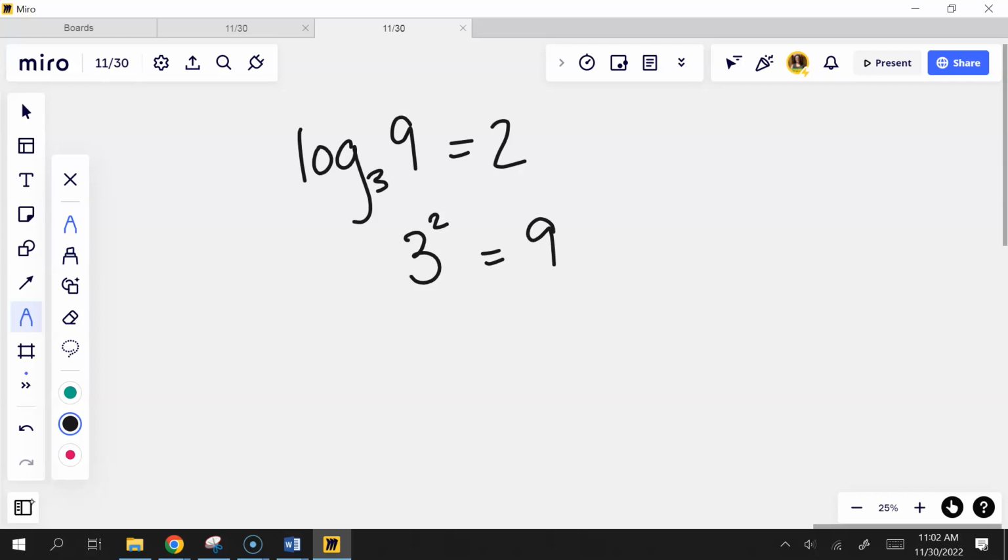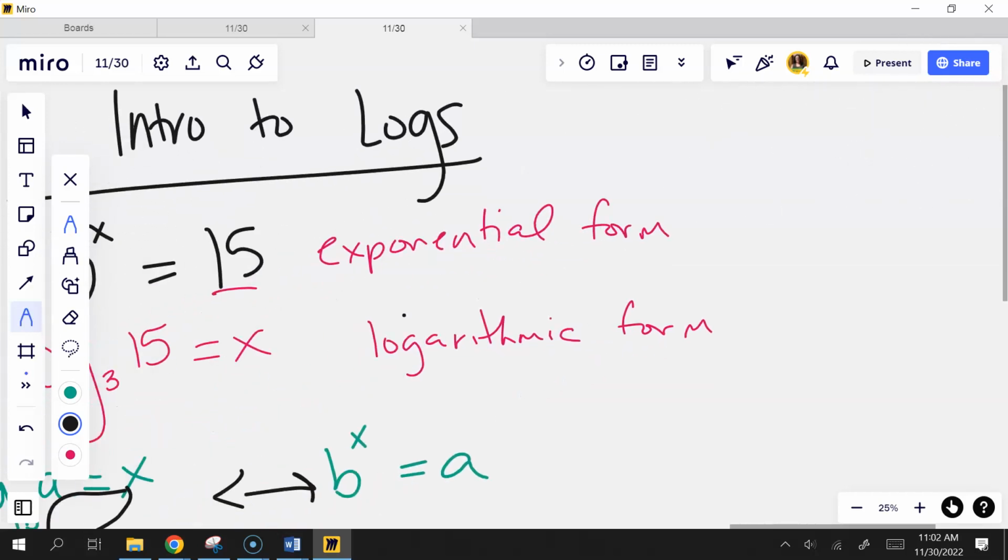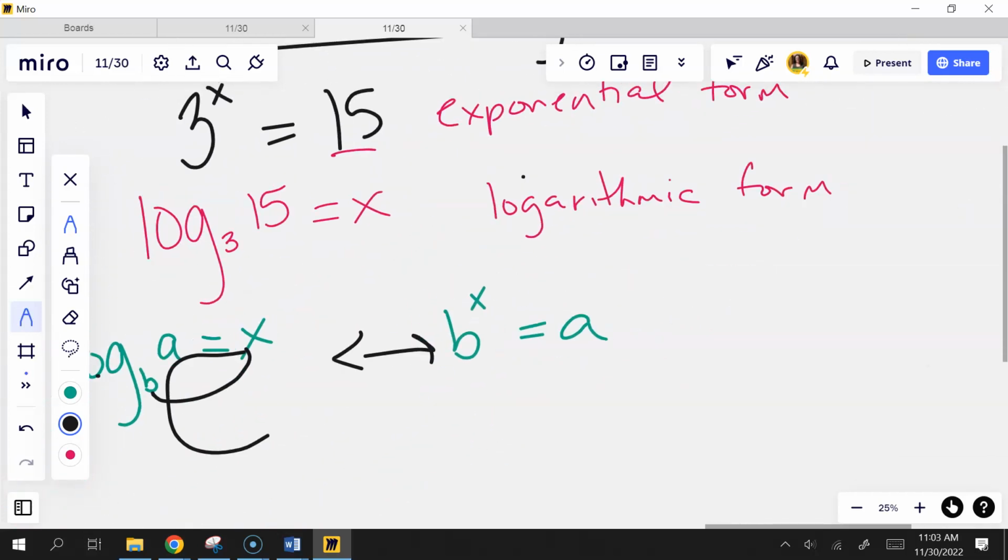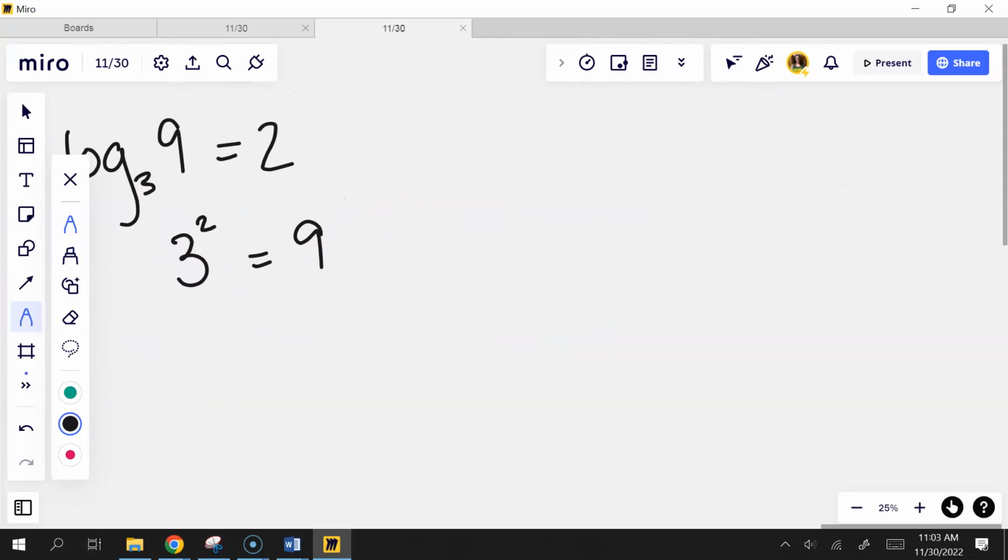We're not solving anything yet. We're just rewriting. We're changing forms right now. I haven't shown you how to do that. I was just showing you how to change forms. It doesn't matter. How about this one? Change the form. Sure it does. What's the base?